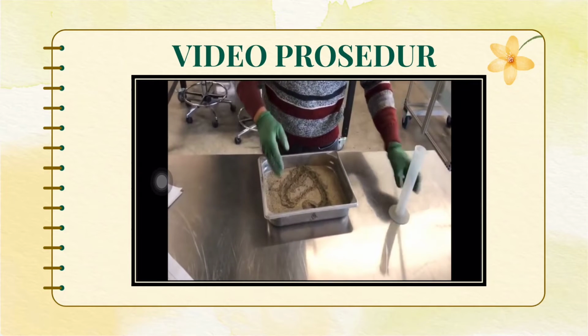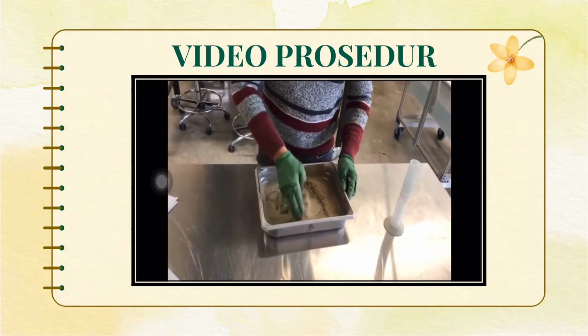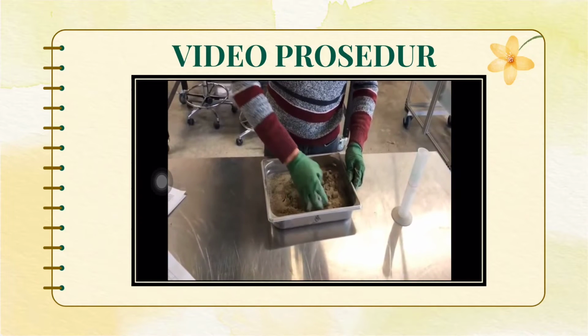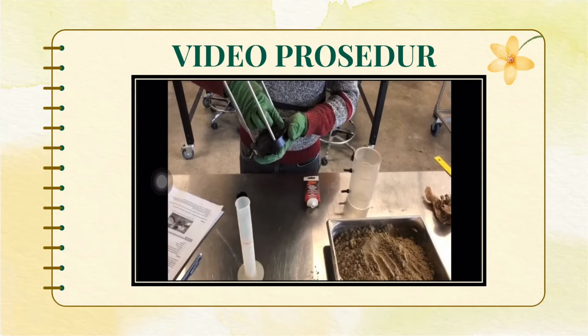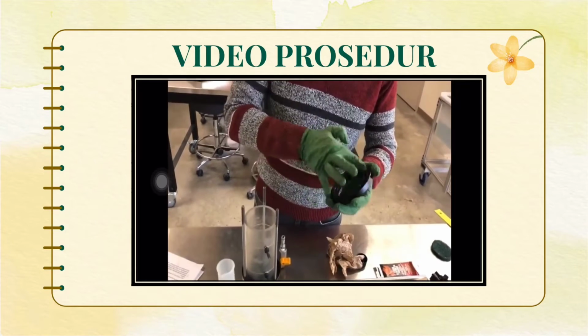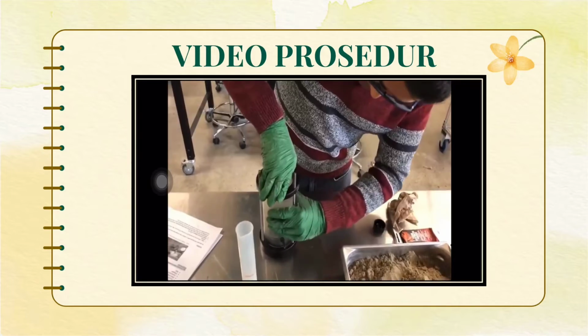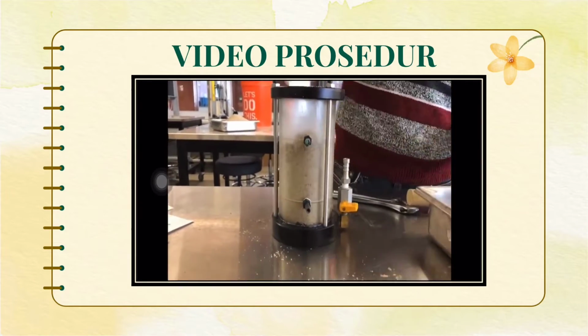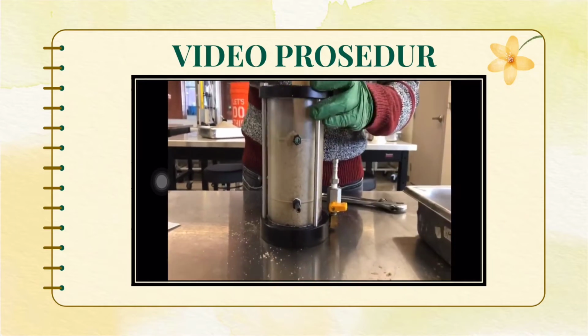After the preparation of the soil sample is complete, mix the soil with water and mix well. Then, we need to prepare the installation of the permeameter. So now, we are going to put the prepared soil sample in a mold and compact the soil.